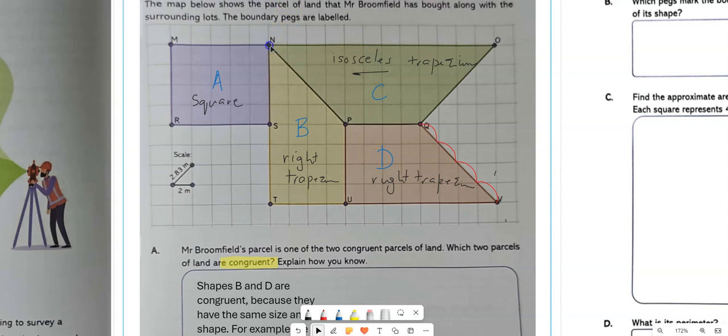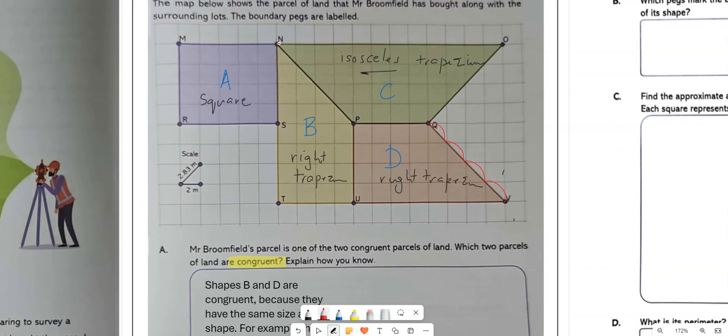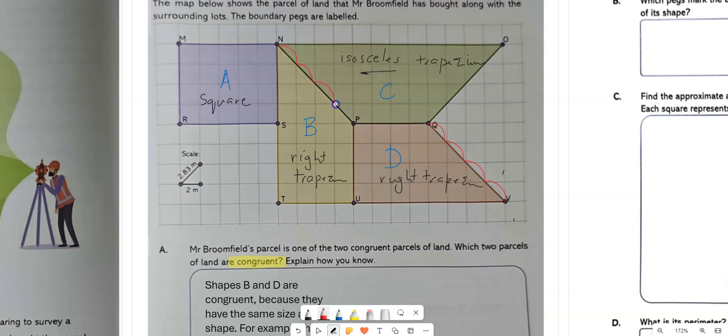And I see it goes 1, 2, 3, 4. All right. Now what is that using the key? It would be 2.83 meters by 4.